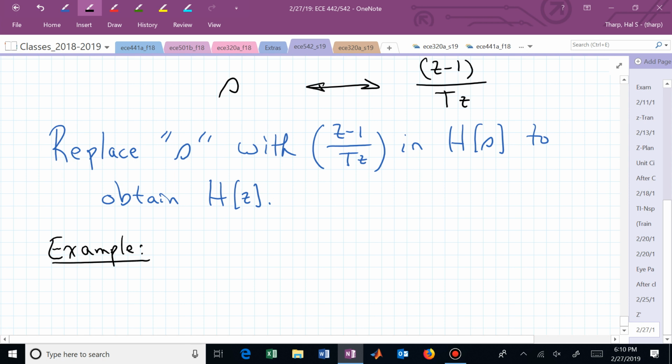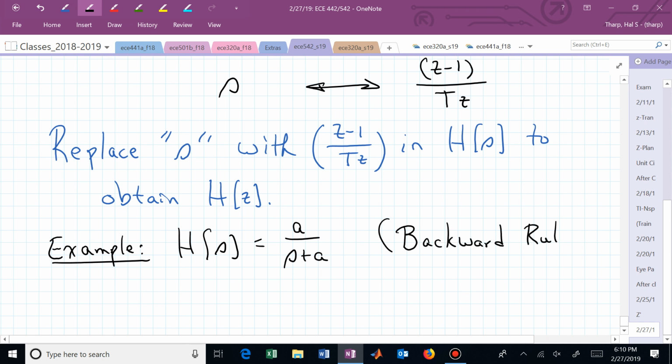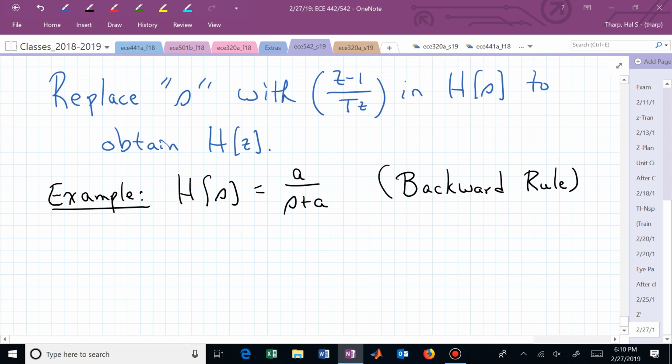For consistency, let's go back to the same original low-pass filter that we had before, which was A over S plus A, but this time let's apply the backward rule of numerical integration approximation strategy.